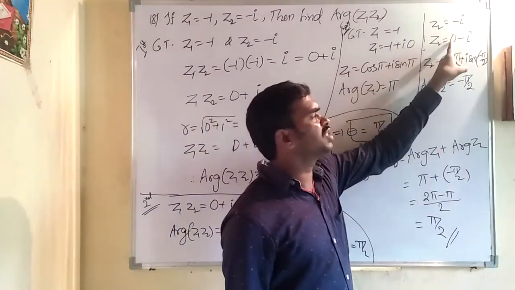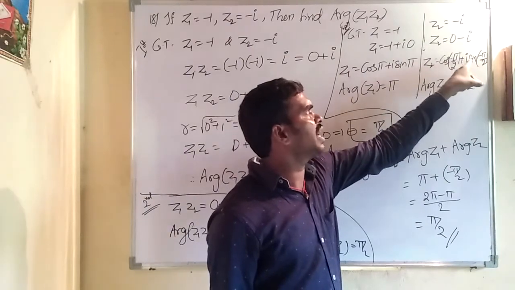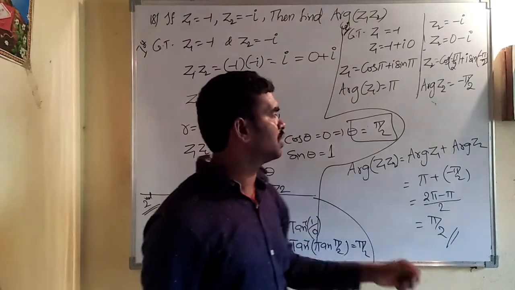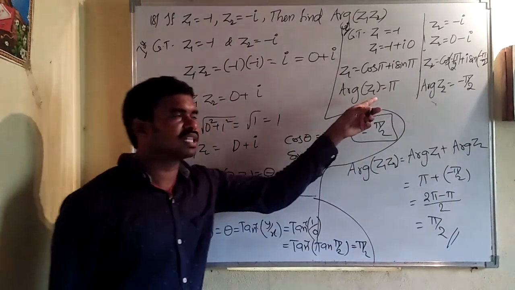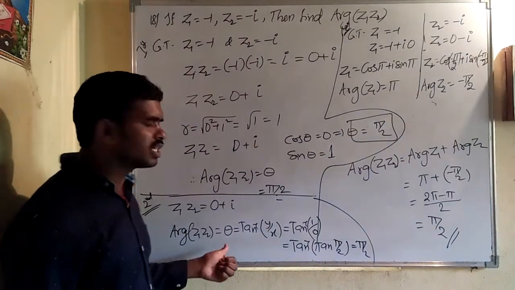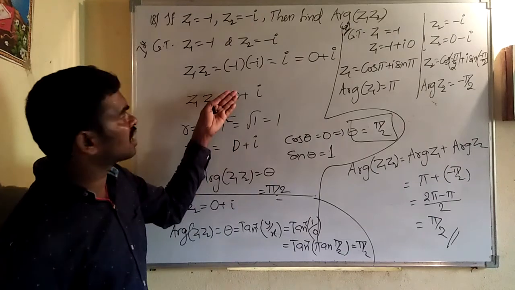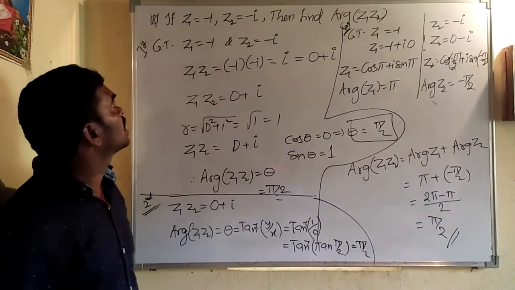Similarly, minus I means 0 minus I, so cos of minus 90 plus I sin of minus 90. So here argument Z2 is minus pi by 2. Then write the formula and simplify. So I am saying use this method. If you are interested in doing this one, you can do it, no problem. You will get 2 marks in this method also. But the question is very important. So let us take one more question.